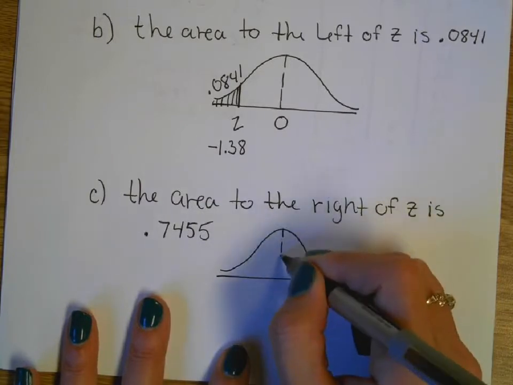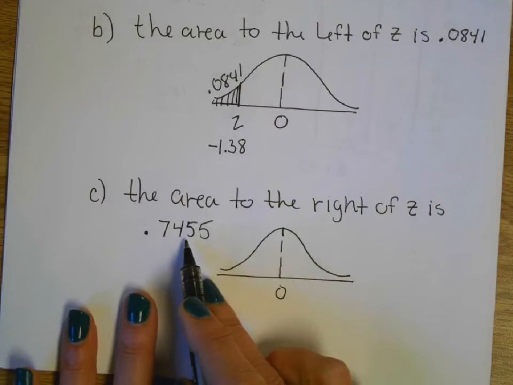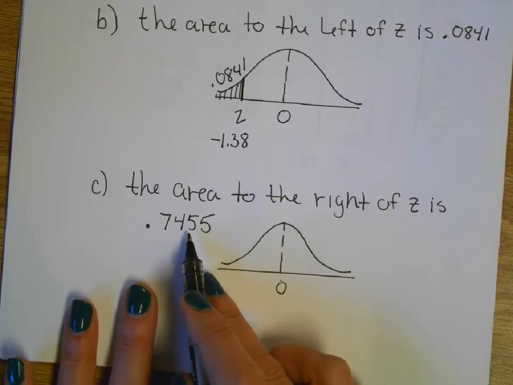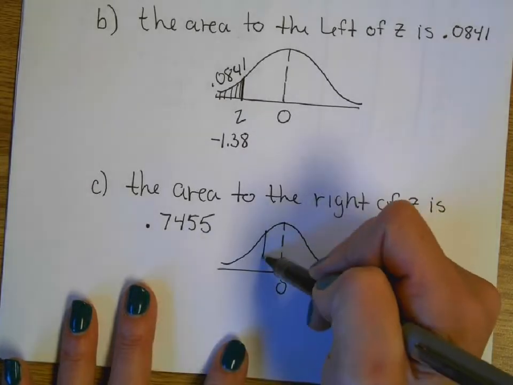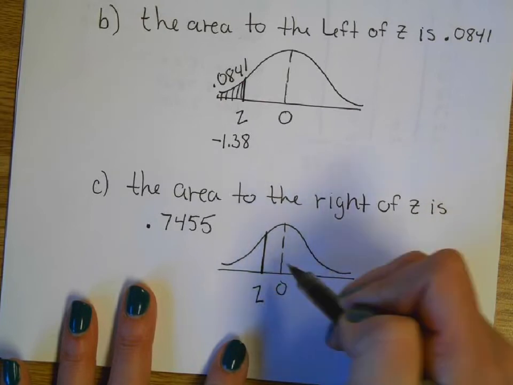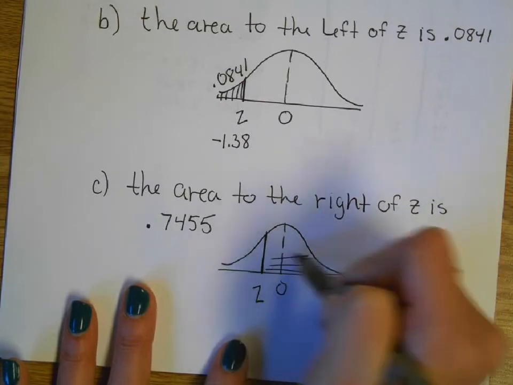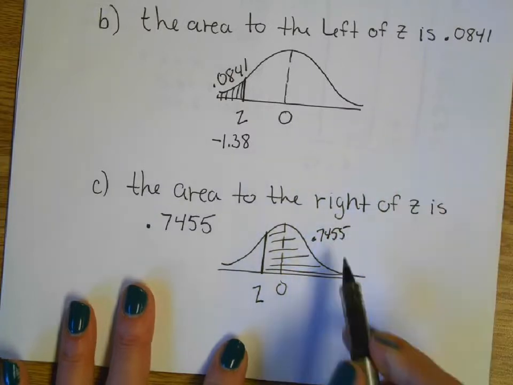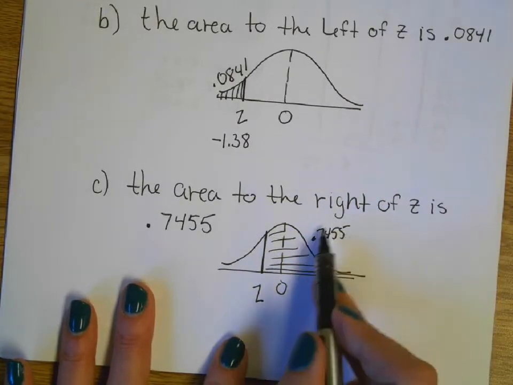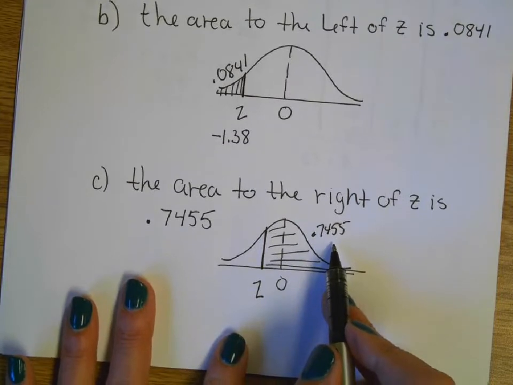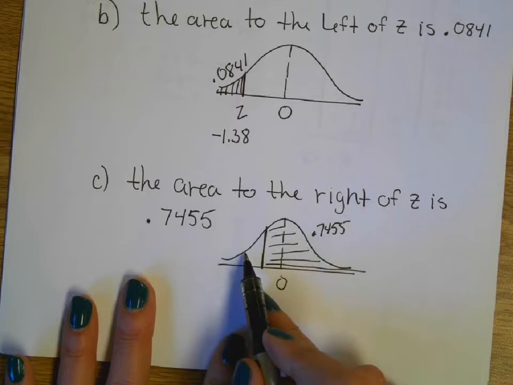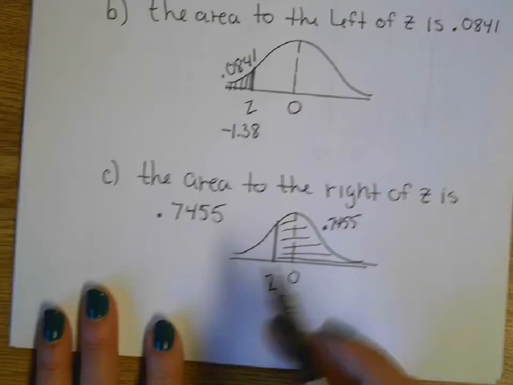Very good. So, am I a positive z or negative z if I've got 74% of the graph to my right? I am a negative z. I'm somewhere over here that has 0.7455 to its right. The table doesn't give values to the right. So what do you have to do? One minus that to get this, and we'll look this number up.